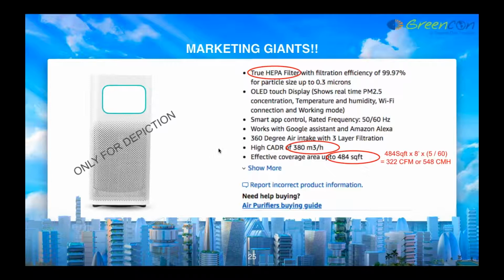That's how it specifies the CADR and coverage area. So if you multiply it, you see that it actually requires 548 cmH to cover that 484 square feet, even if I consider the CADR, which is precisely what it should be delivering, which again is a point of question: does it deliver at what speed and at what velocity and what noise and power consumption, various things. But invariably you will find that those things are not matching with each other.